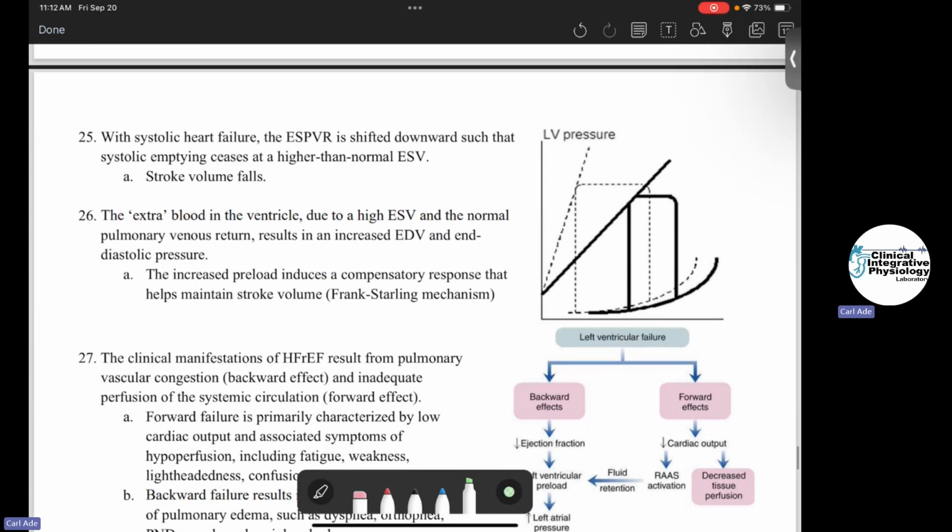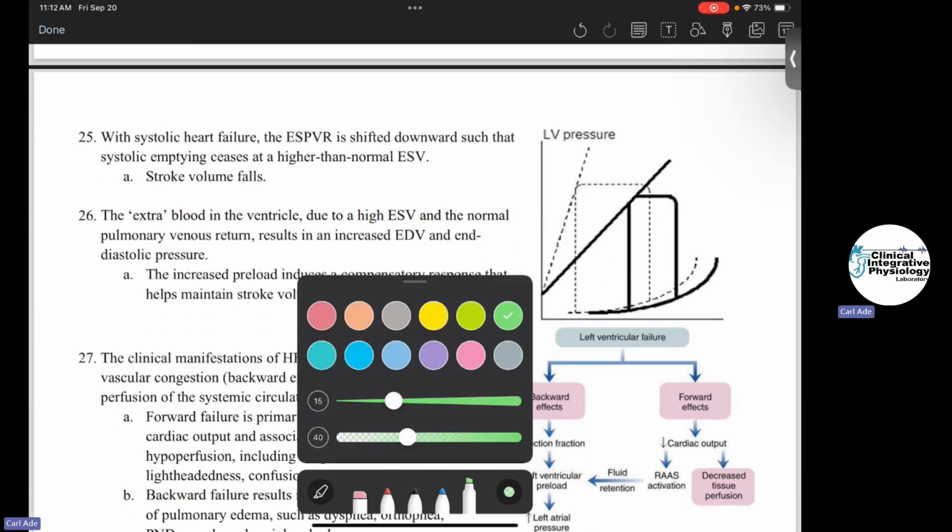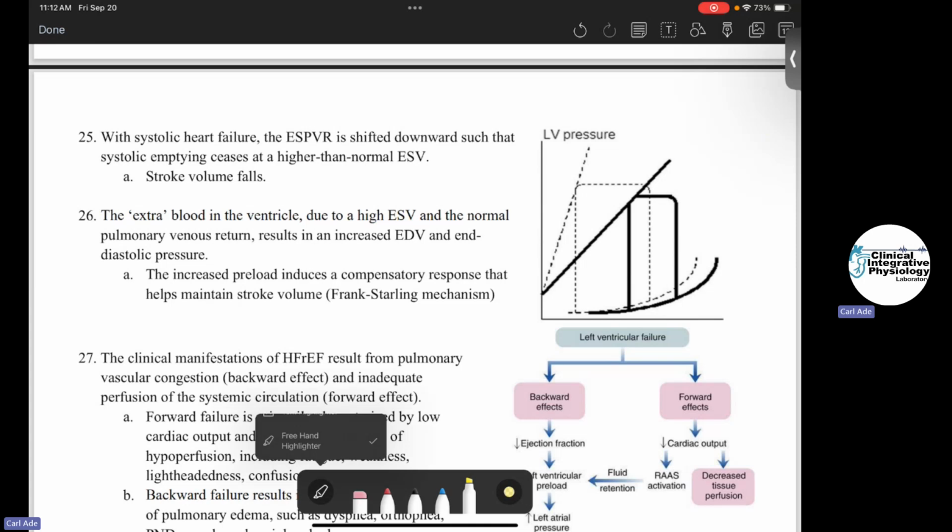if we relate that to our pressure volume loop, with systolic heart failure, that systolic pressure volume loop is shifted downward, such that with the systolic emptying, we don't get as good of an empty. So we get this shift like so. So it can't eject as much, and our stroke volume falls.